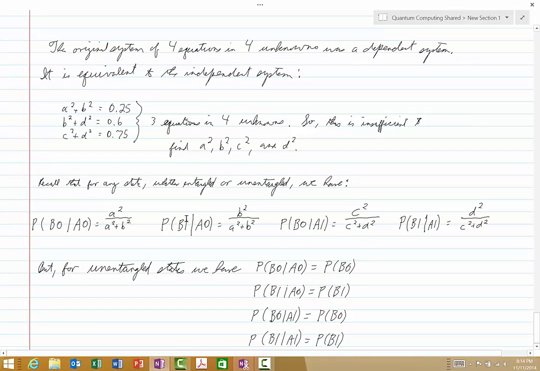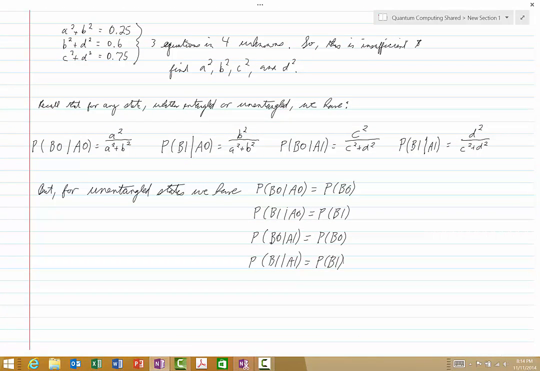And so now we have more equations that we can use, and let's see if we're now ready to finish this problem. Okay, so let's use this first equation. P of B0 given A0 for any kind of state, whether it's entangled or unentangled, is A squared over A squared plus B squared. So we have A squared over A squared plus B squared.